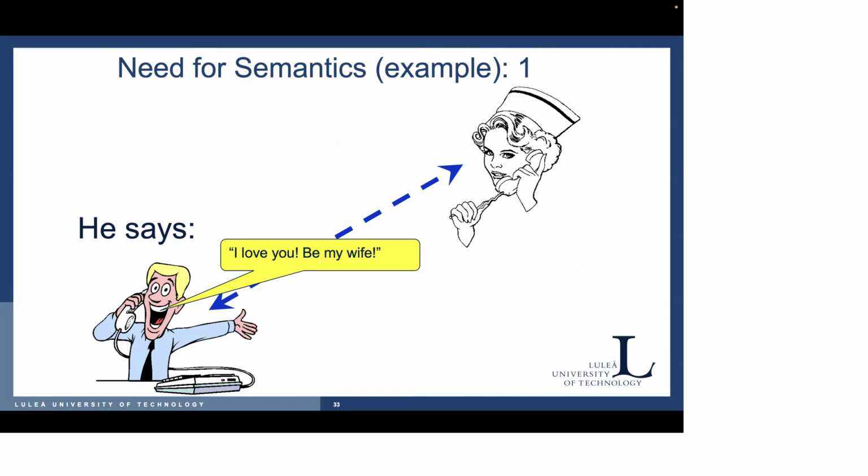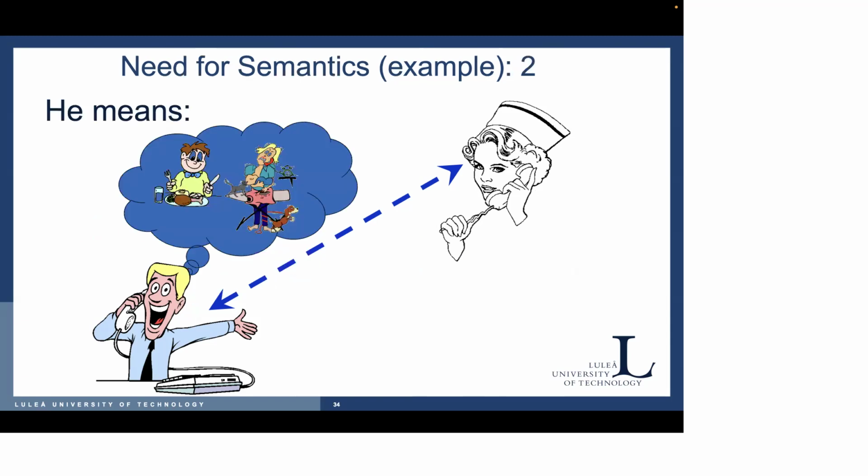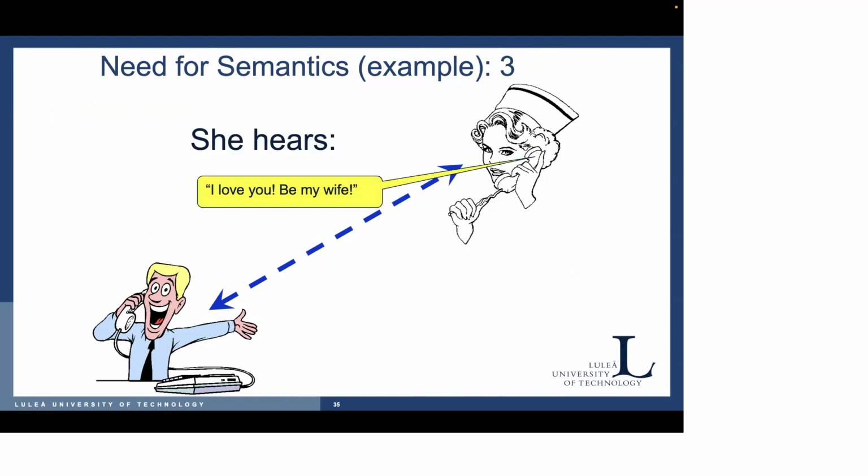So this simple cartoon traces a conversation between two people. The message of a guy, I love you, and he has certain things in mind regarding what it means being in love, and what it means being a wife, for example.